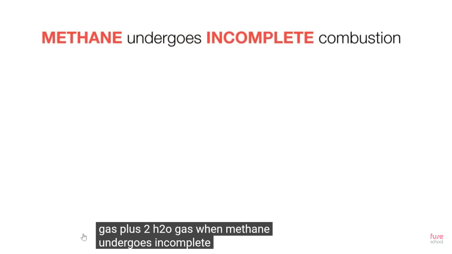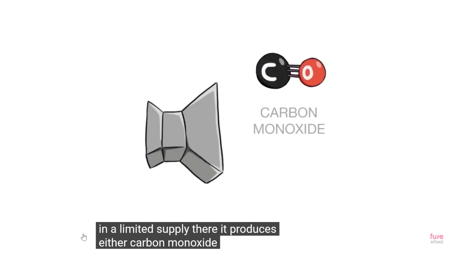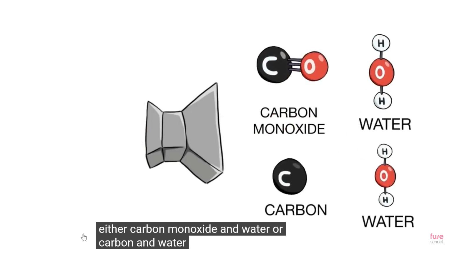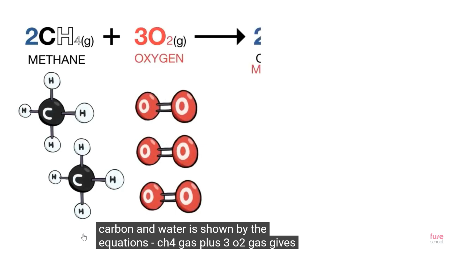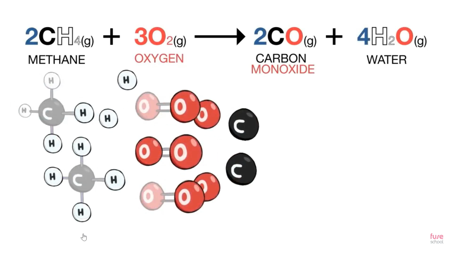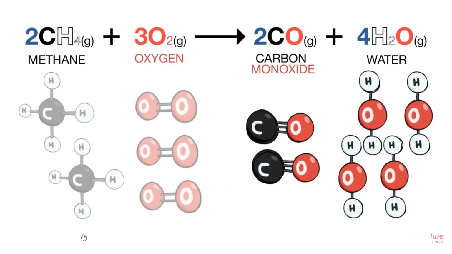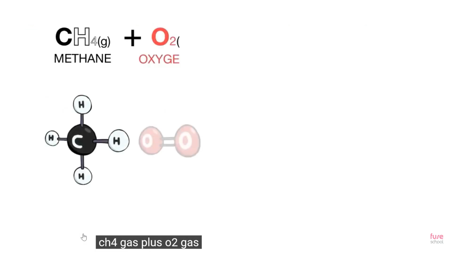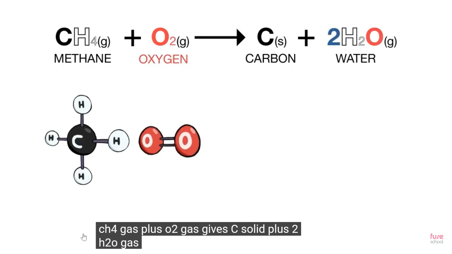When methane undergoes incomplete combustion, that's in a limited supply of air, it produces either carbon monoxide and water or carbon and water, as shown by the equations 2CH4 gas plus 3O2 gas gives 2CO gas plus 4H2O gas. CH4 gas plus O2 gas gives C solid plus 2H2O gas.